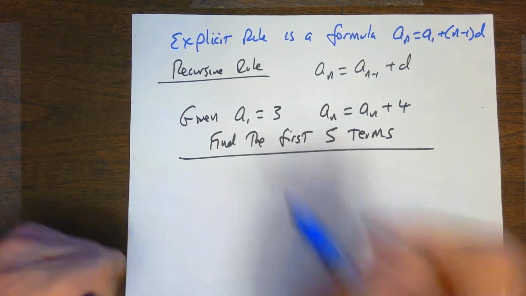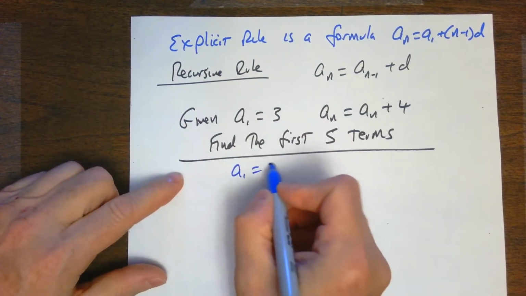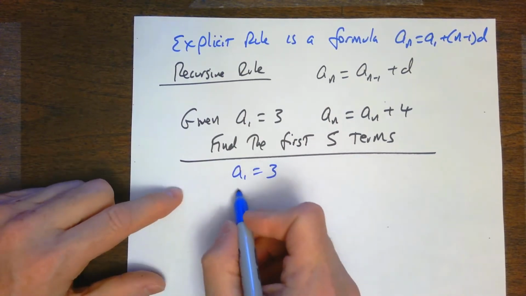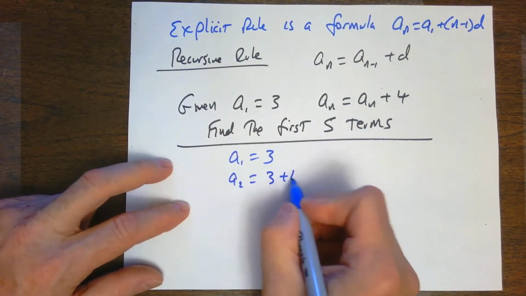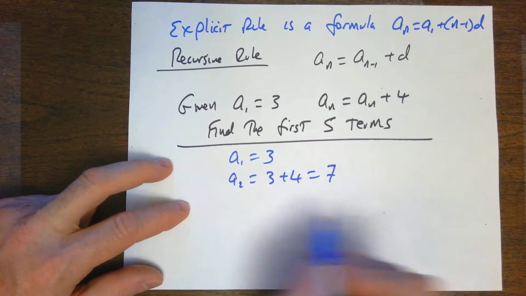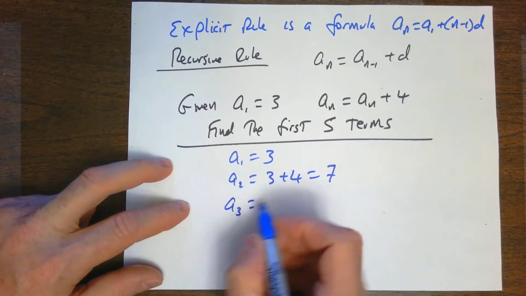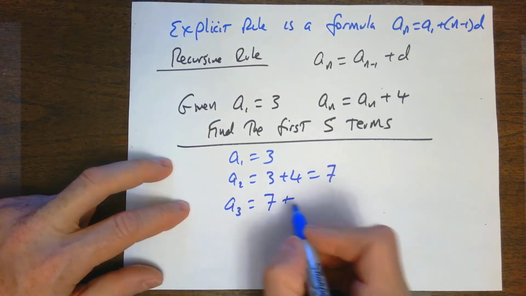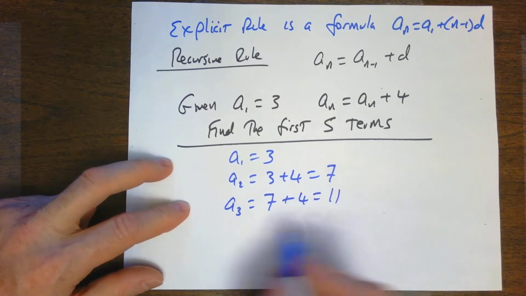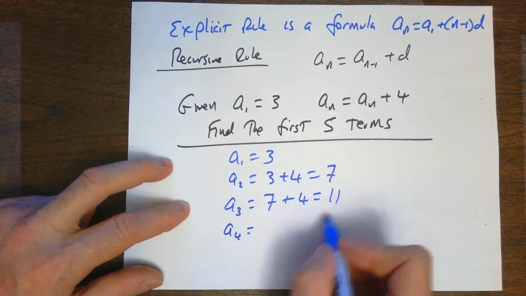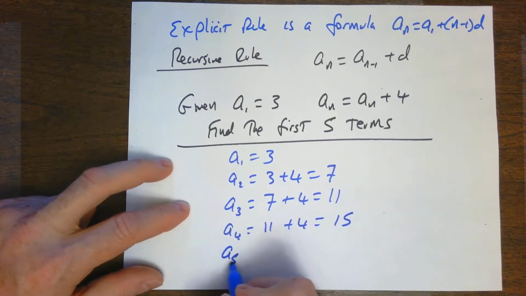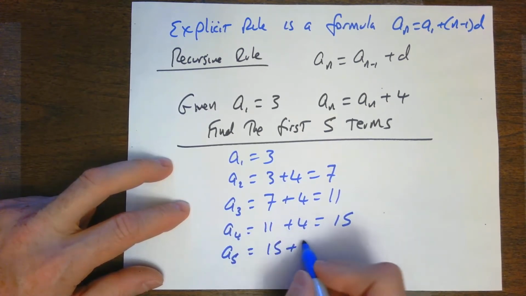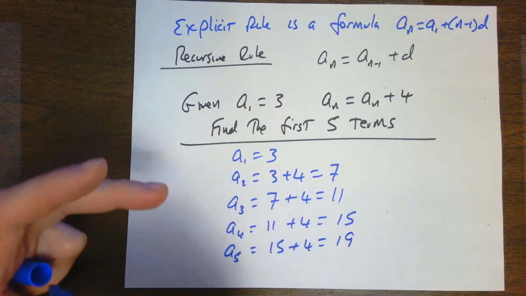So I know a sub 1 by definition is 3. The next term is going to be the previous term plus 4. It's going to be 7. The next term, a sub 3, is going to be the previous term plus 4, 11. The next term is the previous term plus 4, 15. The next term is the previous term plus 4, 19.